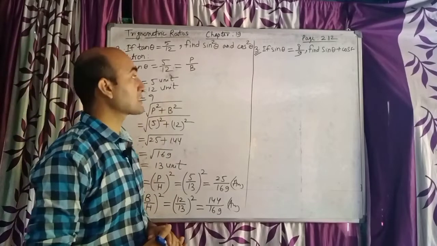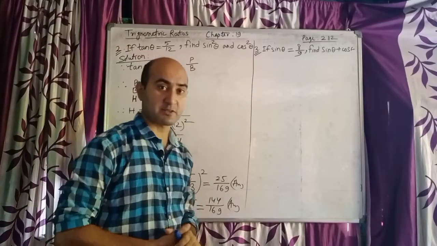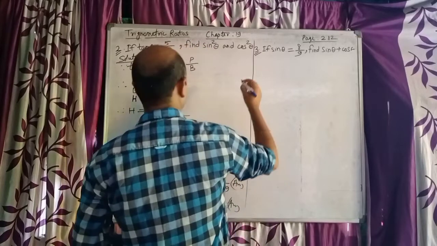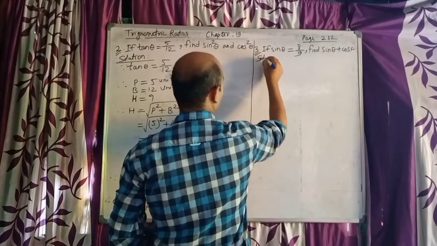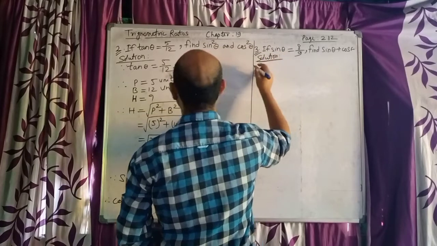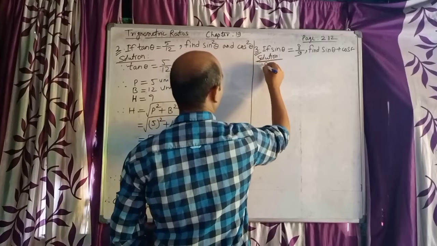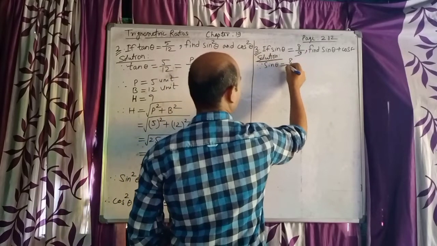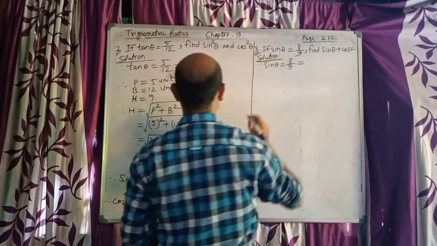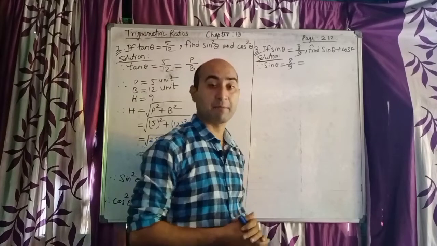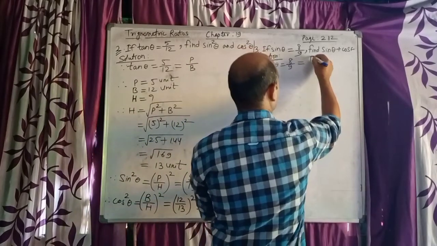Same concept you have to apply for question number 3 as well. So let us begin question number 3. Here I will write the solution and the given part. What is given? Sin theta is 8 by 9. Very easy, sin theta is p by h.